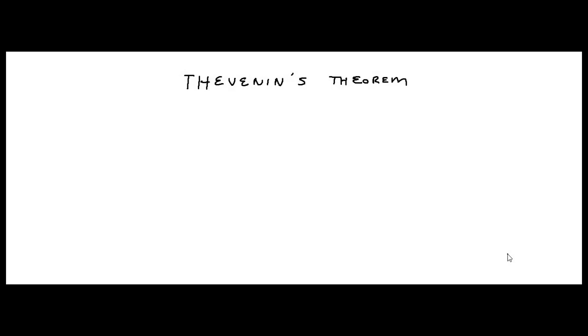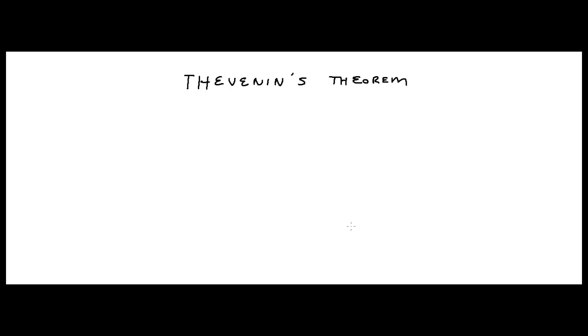Alright everybody, so I want to talk about one last concept, and it makes use of a theorem called Thevenin's Theorem. Now, Thevenin's Theorem basically provides a method for simplifying a circuit into a standard equivalent form with respect to two output terminals.